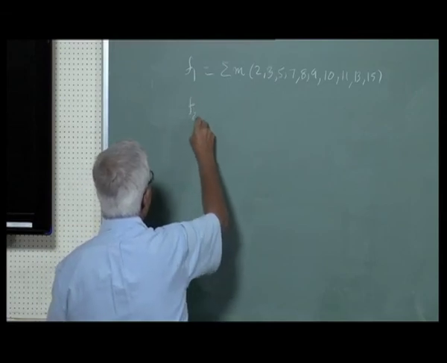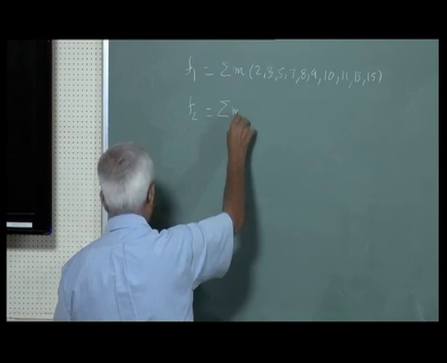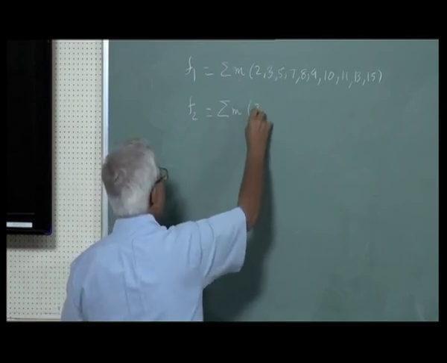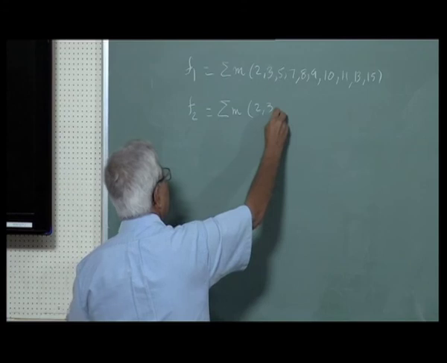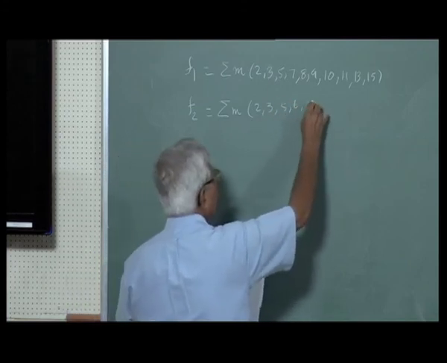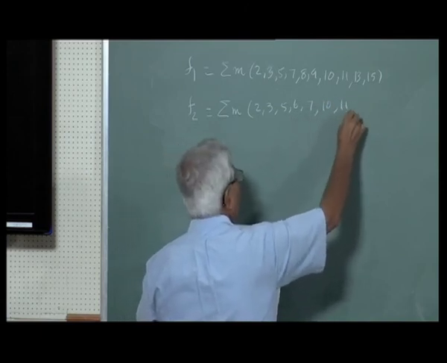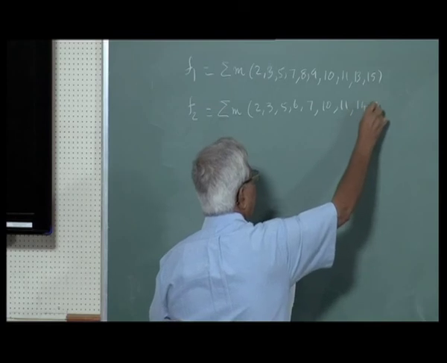F2 is sigma m 2, 3, 5, 6, 7, 10, 11, 14, 15.